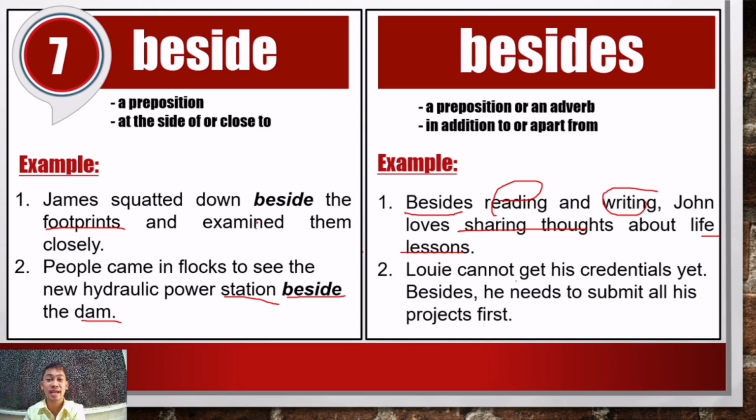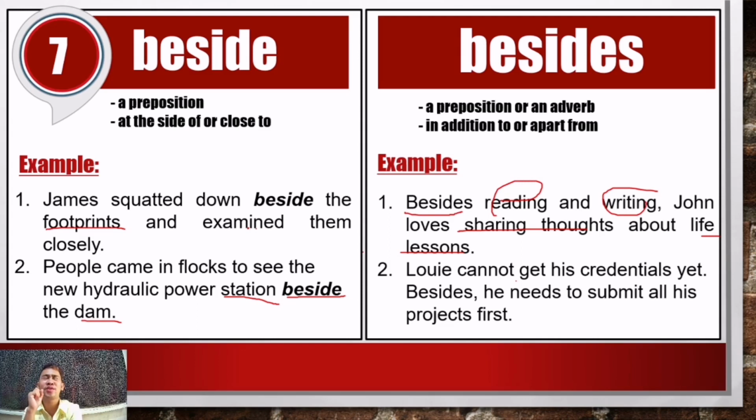For example, here it gives additional information about the credentials that he's not going to be able to get. Now, you can also use the word besides at the end of the sentence and it also serves as an adverb. If it comes at the very end of the sentence, it is synonymous to as well.